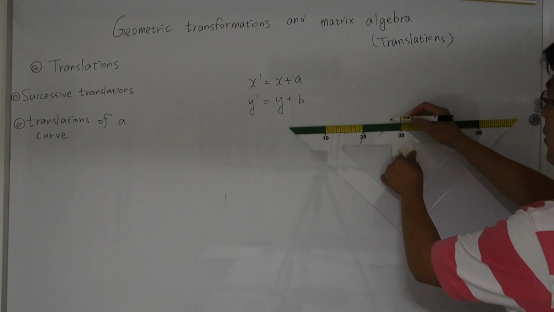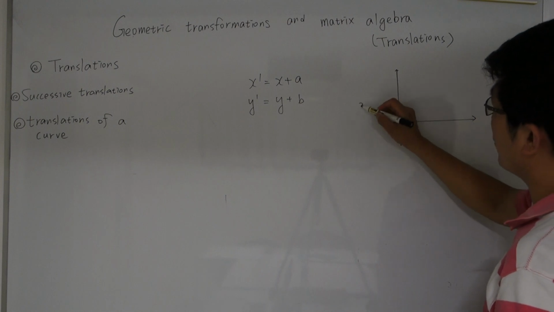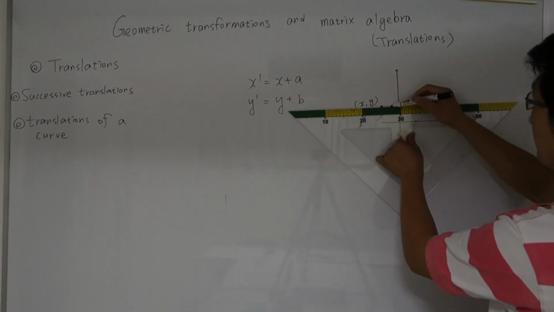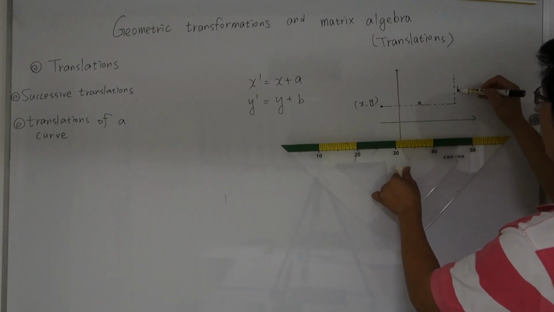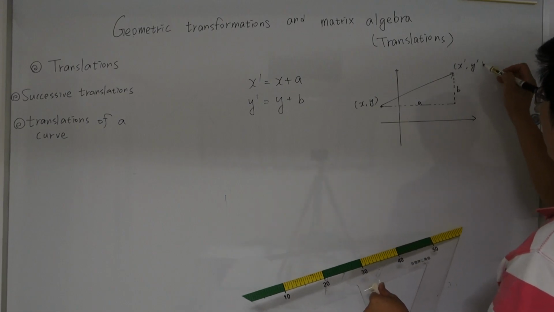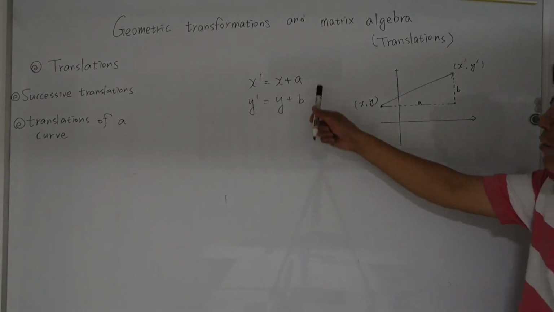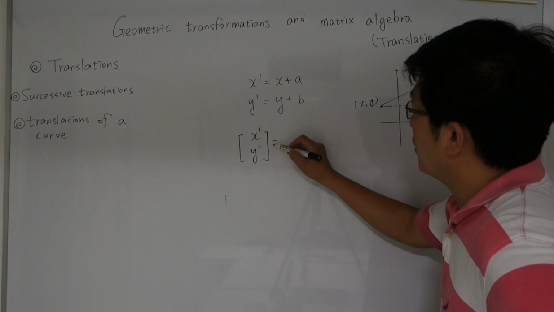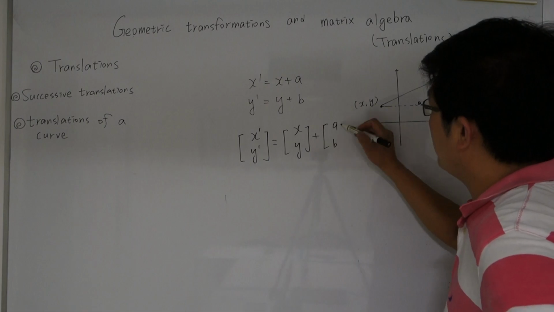So if you are at the original point (x, y), you translate a to the right and go up b, and you go to the new point (x', y'). Therefore, we can rewrite this in vector form: (x', y') equals the original point plus (a, b).